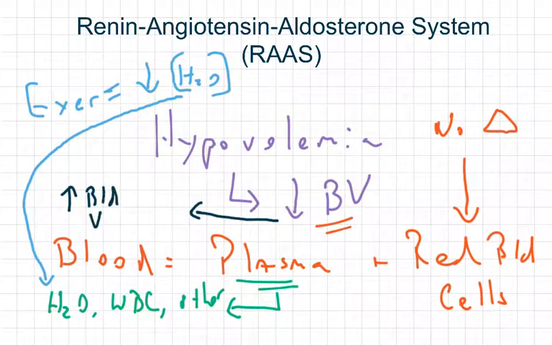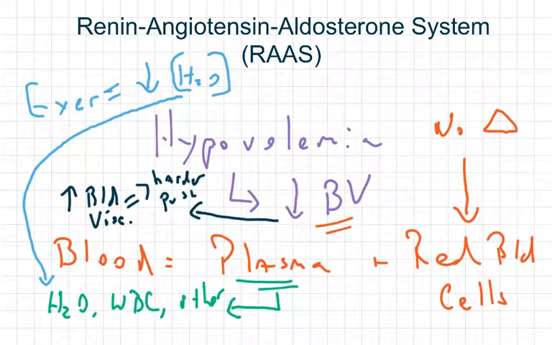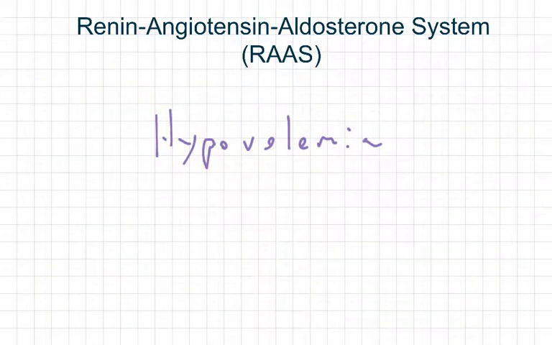And what we mean by viscosity, we're talking about the thickness of the blood. And so this means the blood becomes harder to push. And so the blood is not getting to the target muscles and tissues necessary for oxygen delivery and so forth. And because of this is why the body wants to upkeep water concentrations in the body in order to stave off blood viscosity issues. And the other aspect that triggers the RAAS pathway is drops in blood pressure.